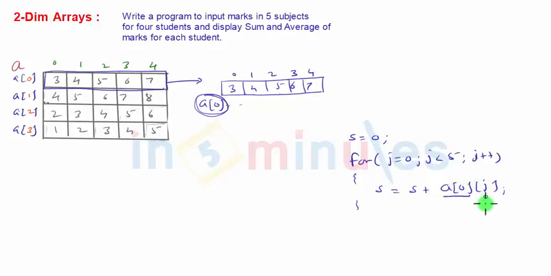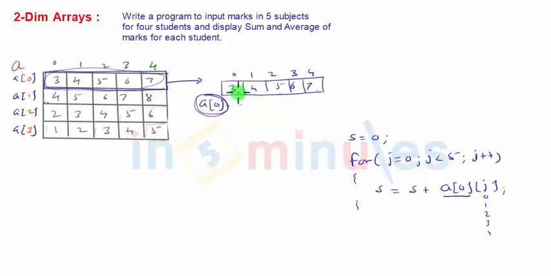So this j is going to change as 0, 1, 2, 3 and 4. As j changes in the loop, it is going to add A00, A01, A02, A03, A04. You can see we are adding the first row values. After this is done, we will get the sum of A00, A01, A02, A03, A04.